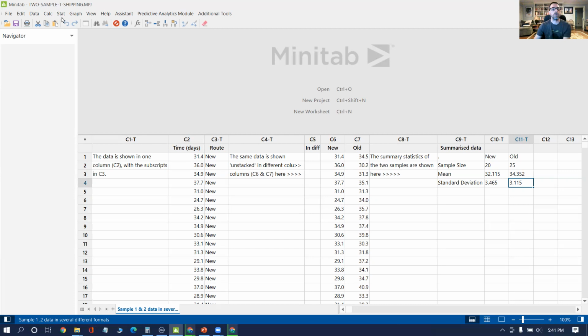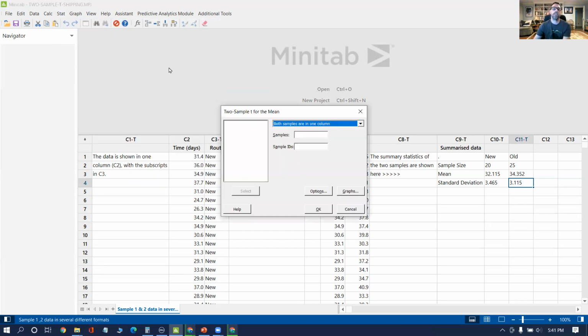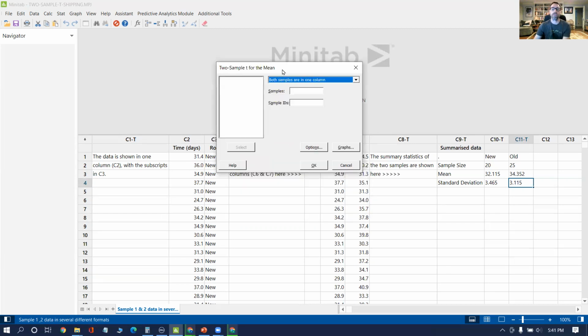So I'm going to go to Stat, Basic Statistics, two-sample T. We're going to be comparing the averages. It defaults to both of the samples are in one column, and they are in one column. The values from the new route and the old route are all in one column. Those samples are in C2. So what it's asking here is the output, the Y, the amount of time it takes to ship.